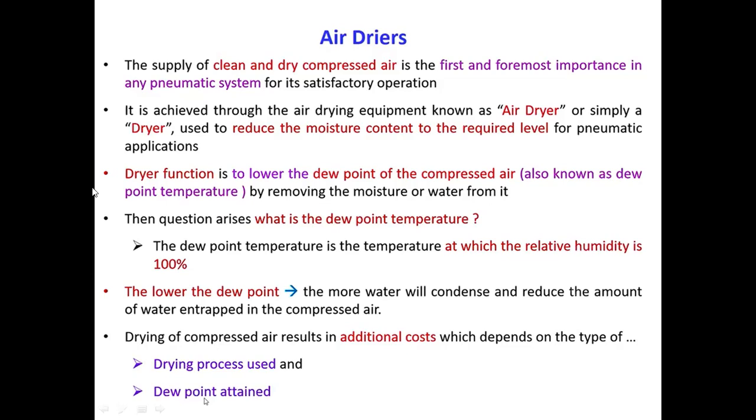The dryer's function is to lower the dew point of the compressed air by removing the moisture or water from it. The question arises, what is the dew point temperature? The dew point temperature is the temperature at which the relative humidity is 100%. The lower the dew point, the more water will condense and reduce the amount of water entrapped in the compressed air.